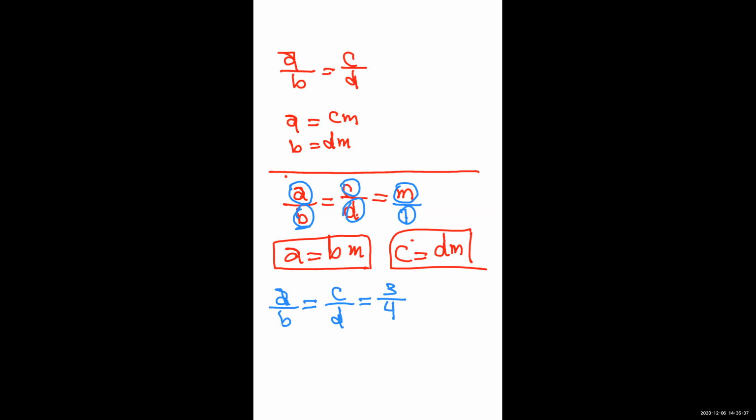So simply, guys, A will equal 3 over 4 B, right? So this is A. Also, if I want to get C, C will equal 3 over 4 D, by cross multiplication.